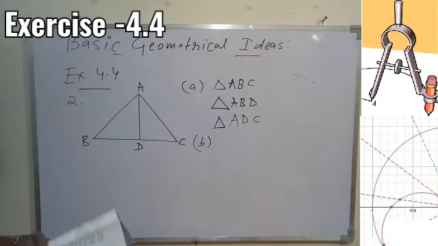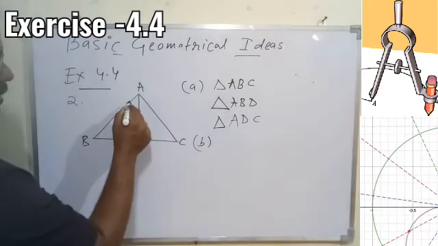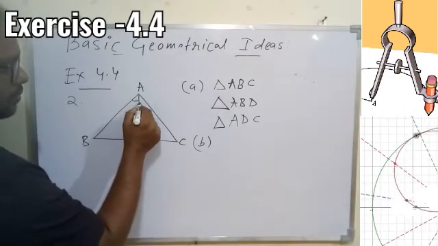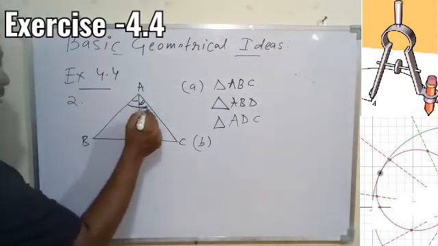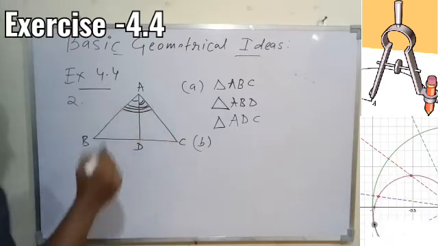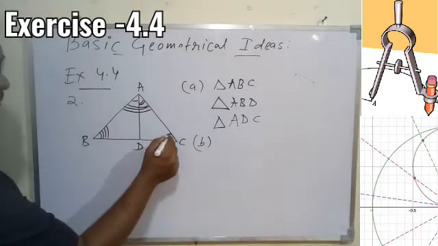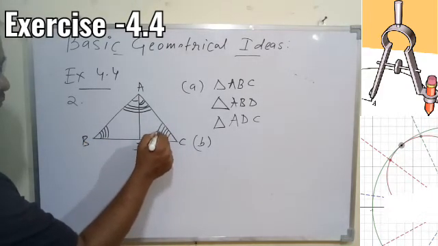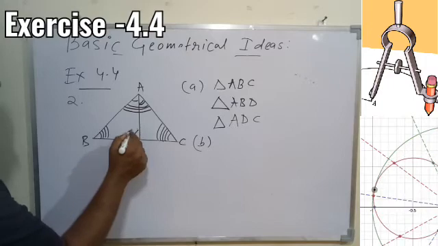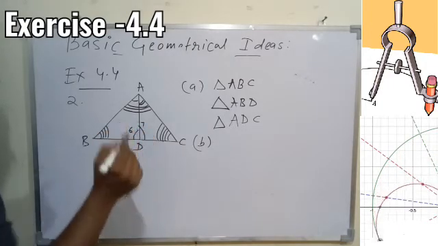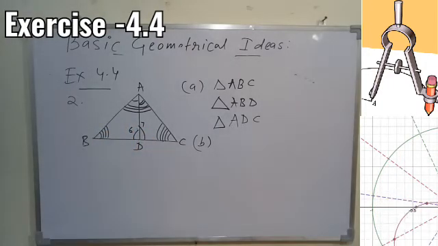Now you have to write the names of 7 angles, different angles you see. So number 1, number 2, number 3, let me mark. Number 4, number 5, number 6 I'm writing, and number 7 I'm writing here. So I hope you can write down.